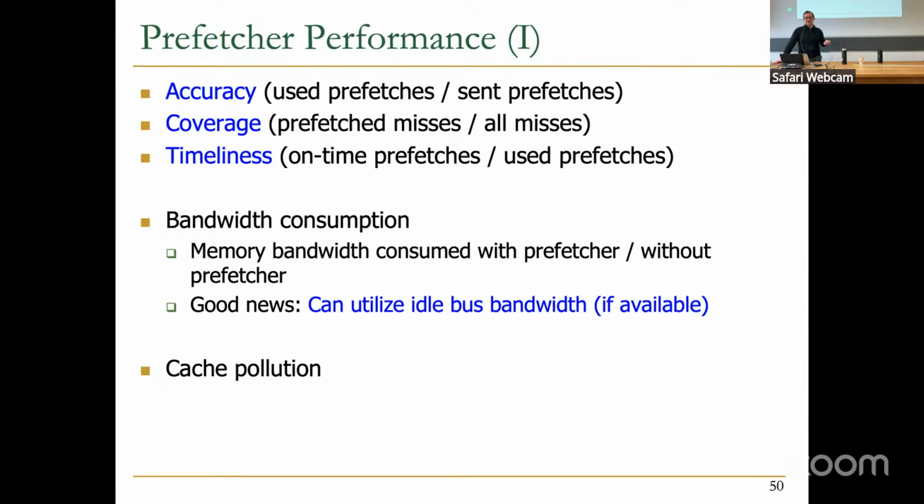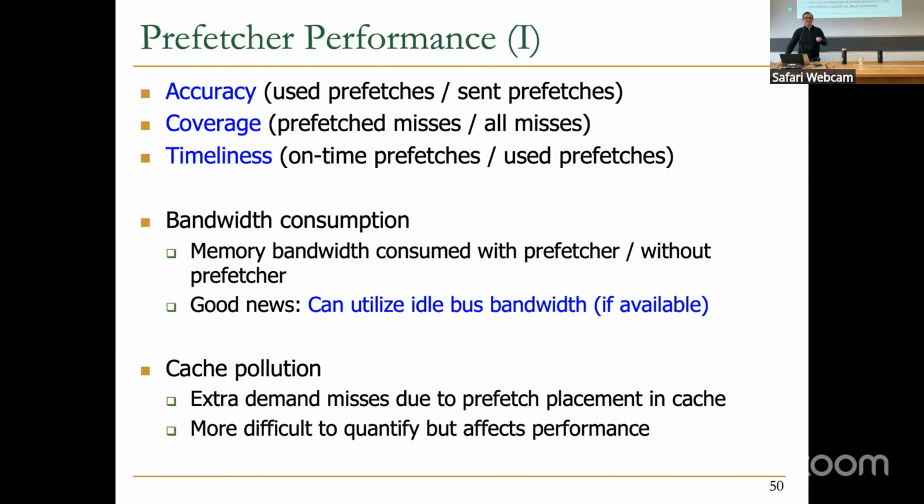These are the negative effects of the prefetchers: extra bandwidth consumption always increases energy because you're consuming more energy, at least at that level, right? You may reduce energy because you're executing the program for a shorter time, but increasing the bandwidth increases the memory energy you're consuming. Okay, cache pollution is another issue with prefetching.